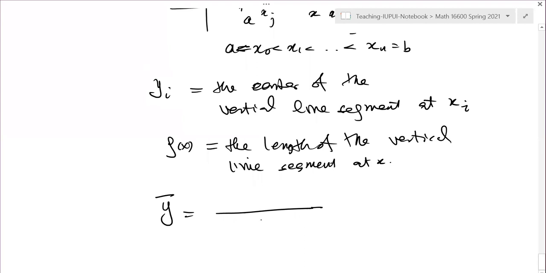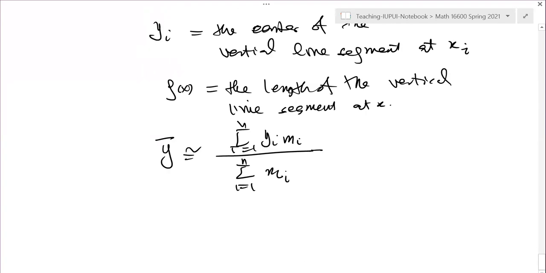add them together. So sigma mi yi, and what is mi? mi is rho xi delta xi.